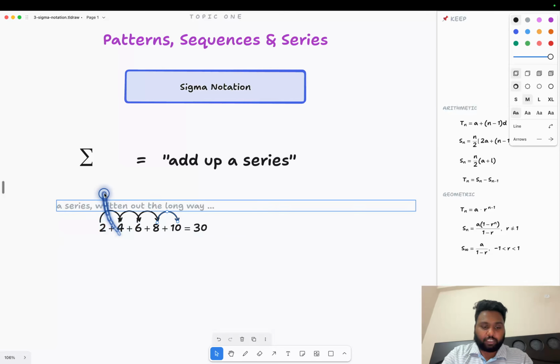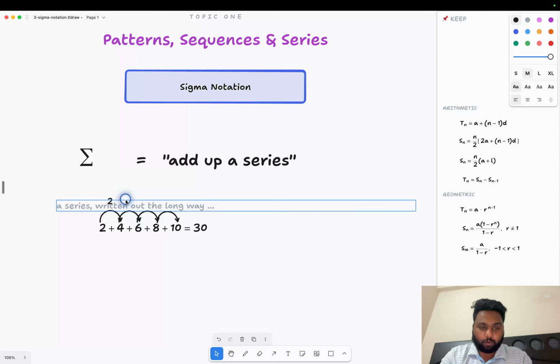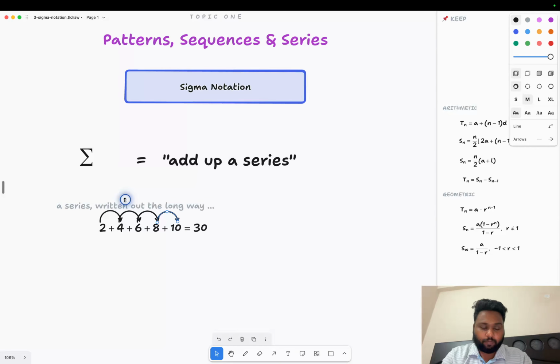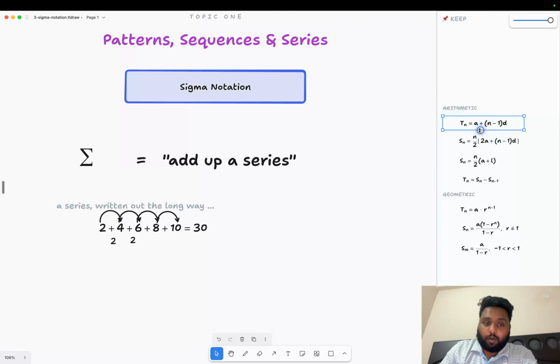If we look at all of these terms, you will realize the difference is always 2. Here also it is 2. Okay, so the difference each time is 2. So this is an arithmetic series.